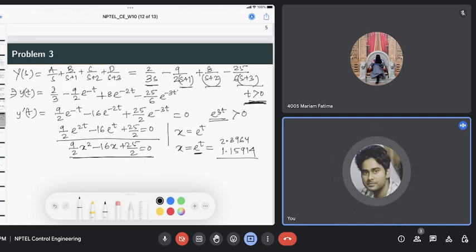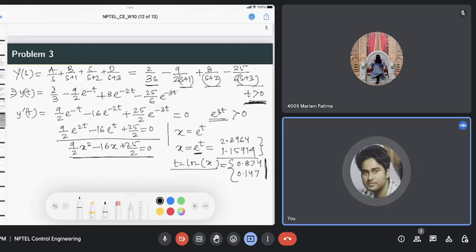So t will then be the ln of these solutions, right? That will give the two t values. So ln of x, because these are the x values. So this actually gives the two values of t. So one is 0.874 and another is 0.147.